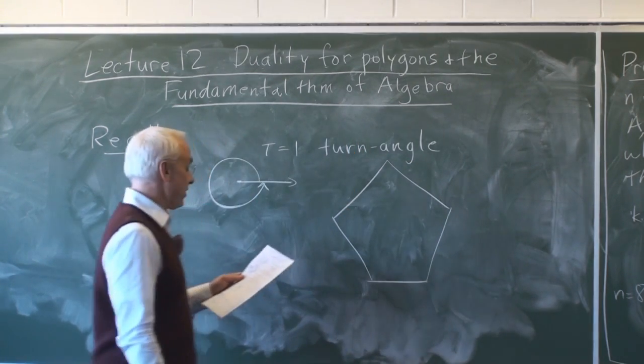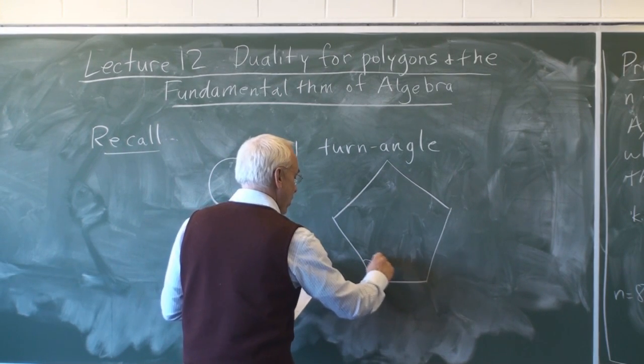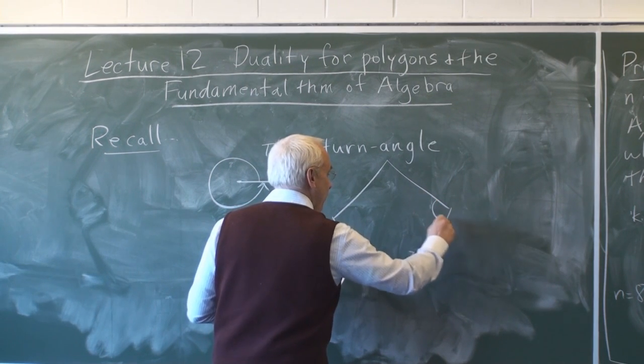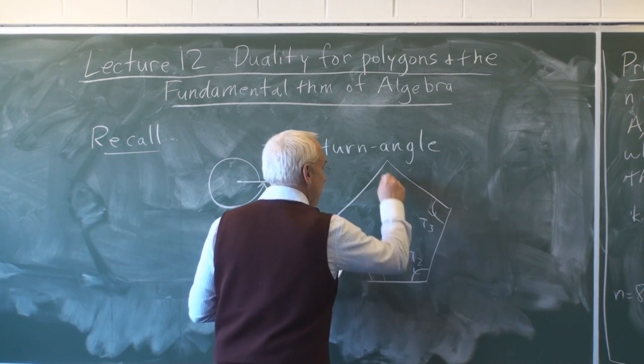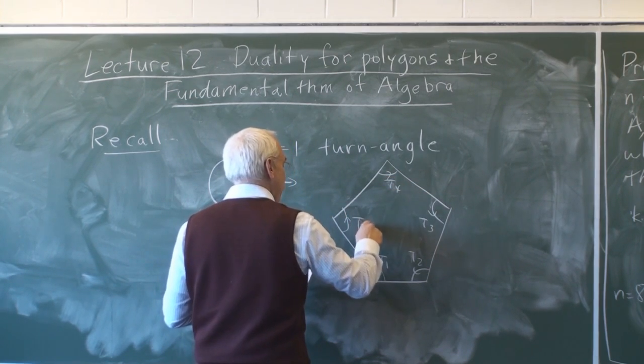So for example, have a look at a pentagon. That's supposed to be a regular pentagon with one turn angle tau 1 there, tau 2, all in the positive direction, tau 3, tau 4, tau 5.